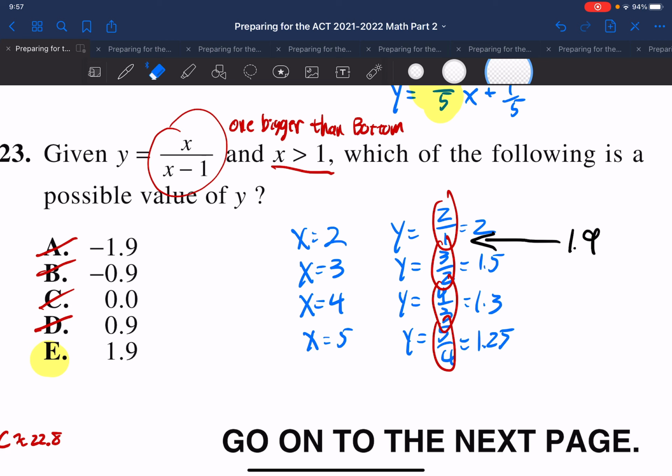So it is quite possible that x could be something like 1.5, or x could be 2.1. Those are possible values. As long as they're bigger than 1, they fit. So 1.9 is the only possible value here that works.